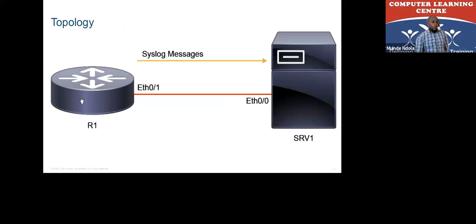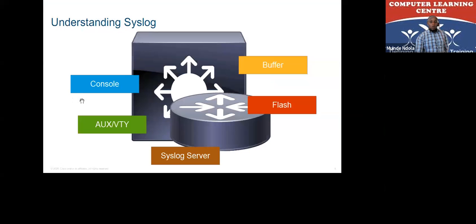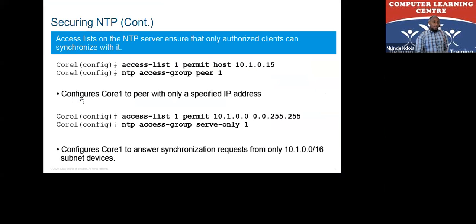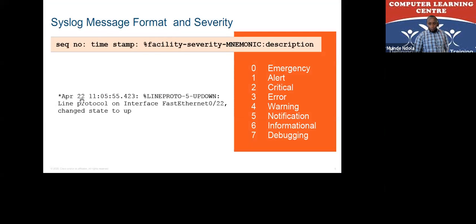Okay, now how do we configure syslog? To configure syslog, you go to the router and use the command logging host trap, and then you choose which level you want. It's not a must that you do one at a time. You just choose the highest level you want to enable.